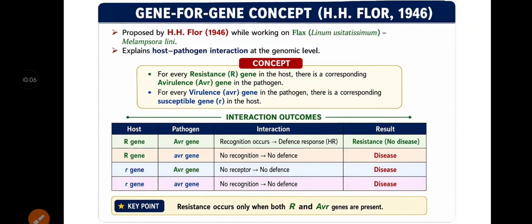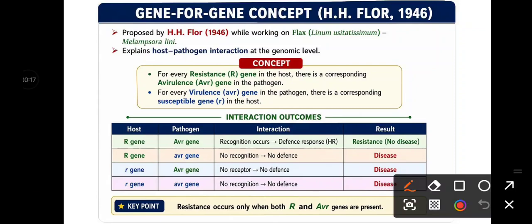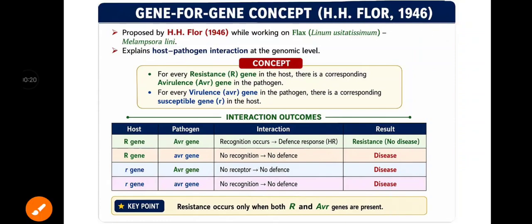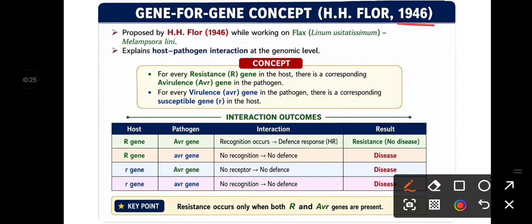So in this video we will discuss the gene for gene concept, or gene for gene hypothesis. The gene for gene concept was given by Flor in 1946. Remember both the scientist's name as well as the year, both are important.